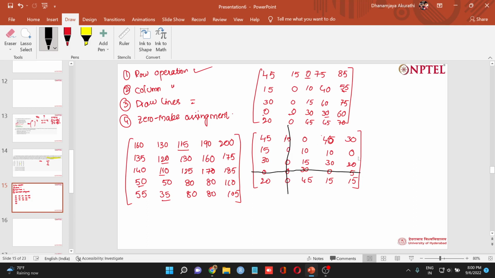And here is another zero. Here is another zero, and we can draw either a row or a column. I am just drawing the corresponding column. So here the number of lines is 1, 2, 3, and 4. But the order of the matrix is 5. The number of drawn lines is not equal to the order of the matrix.